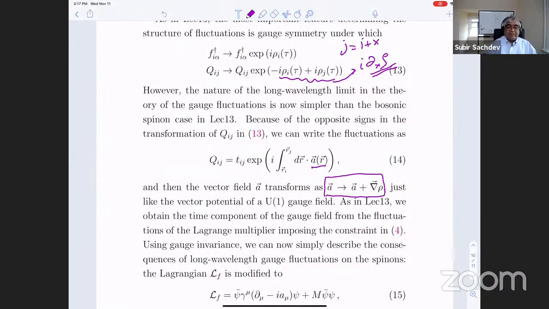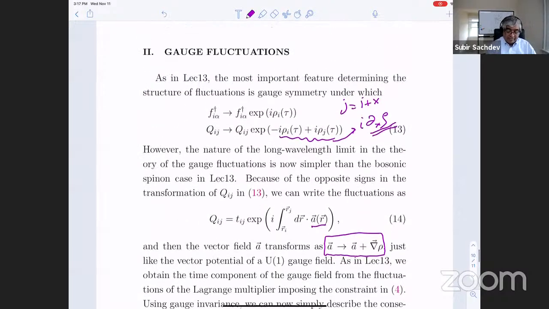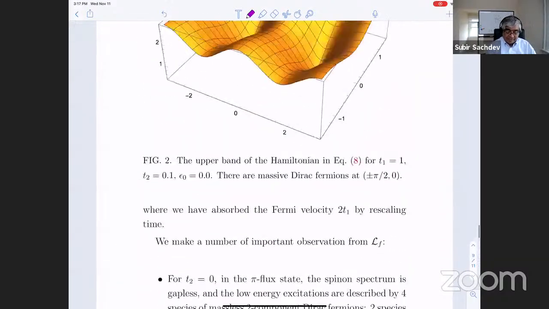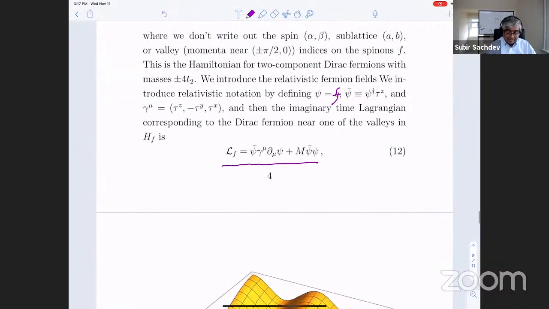So there it is. Now there's our emergent gauge field, the phase of Q. And this is actually the ease of the fermion way of doing things. As long as you don't have pairing, the phase of Q is automatically just your U(1) gauge field. So just knowing this, when we do fluctuations, without any work we can figure out the correction to the Lagrangian for the spinons, this Dirac Lagrangian.